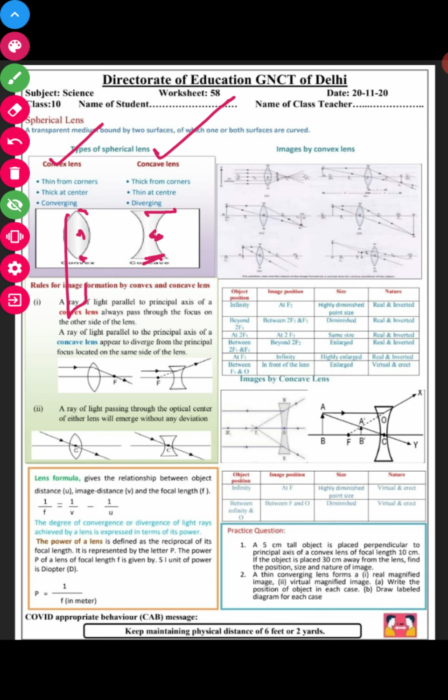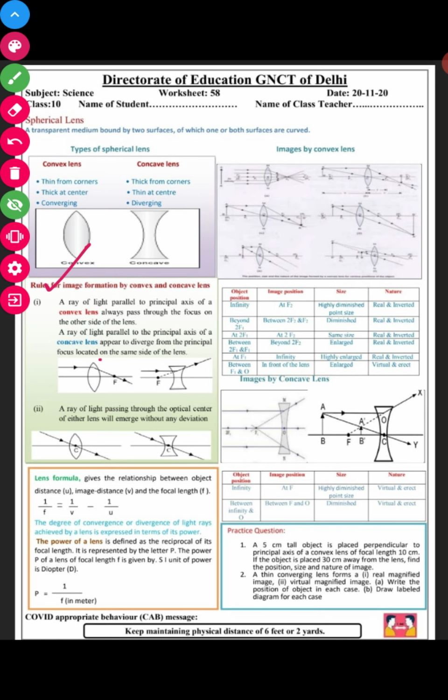What is converging? Converging means all the rays of light focus at a point. That lens is called a converging lens, and a diverging lens is one where all the rays of light spread out after going through this lens.